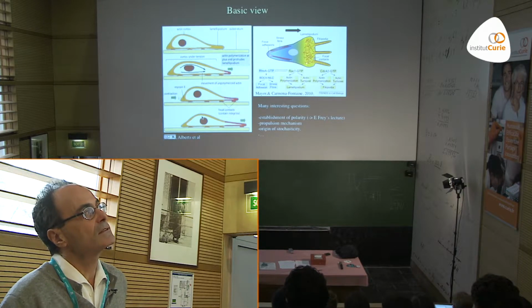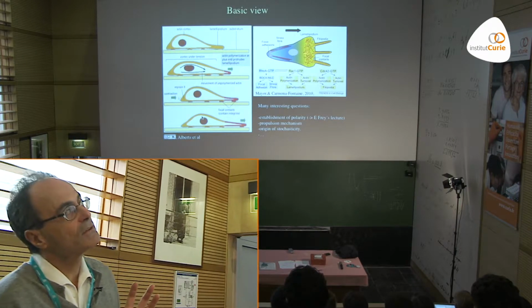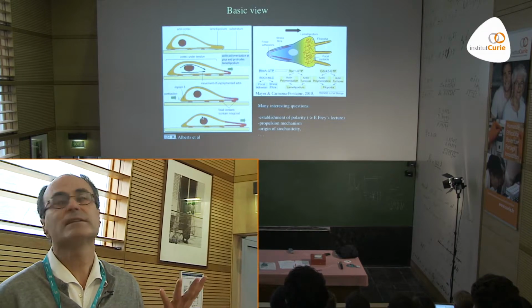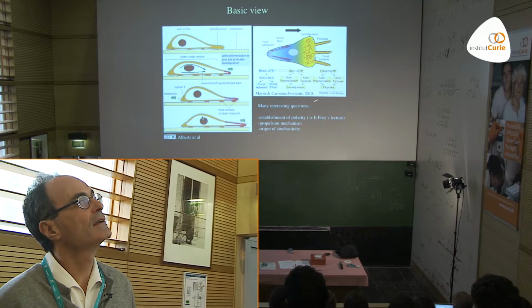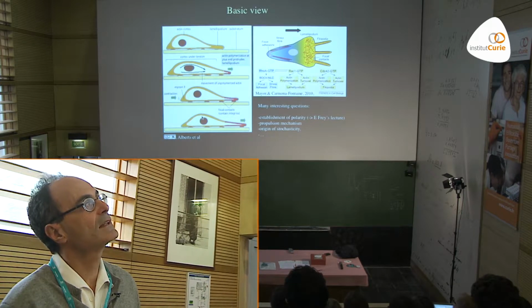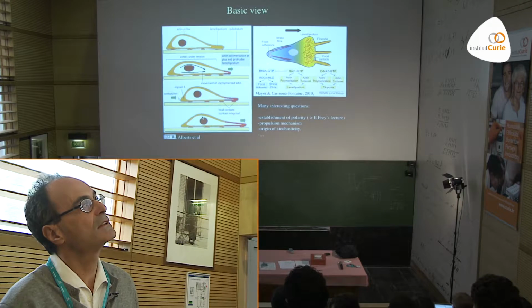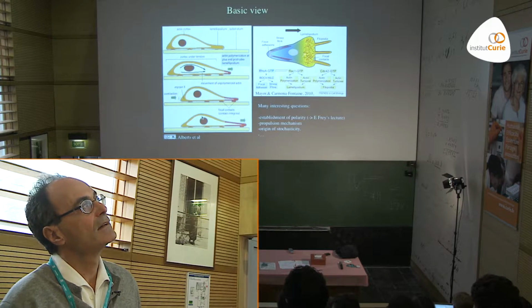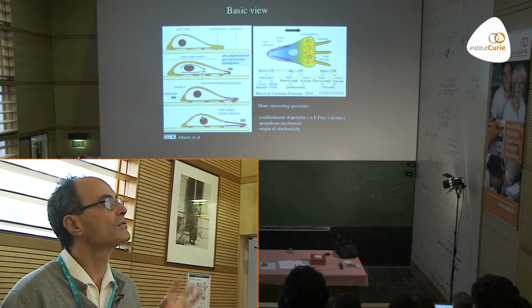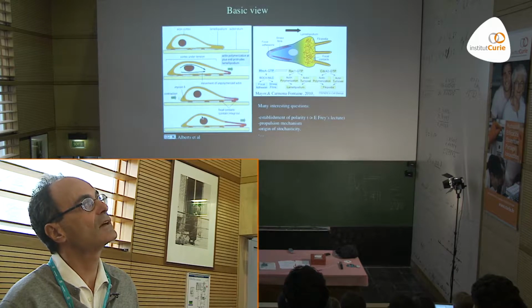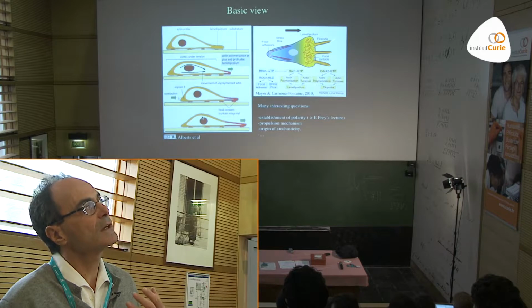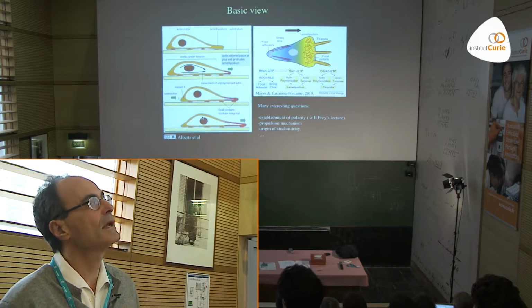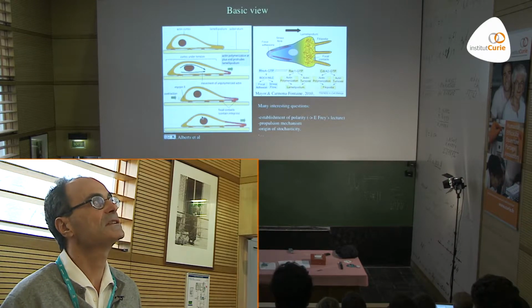There is also the question of, first of all, the establishment of polarity. You probably heard of it from Erwin Frey: there are two systems of Rho GTPase that are thought to inhibit each other, so that you have a front and a back. There are also interesting questions of how this thing propels, and what is the origin of stochasticity.